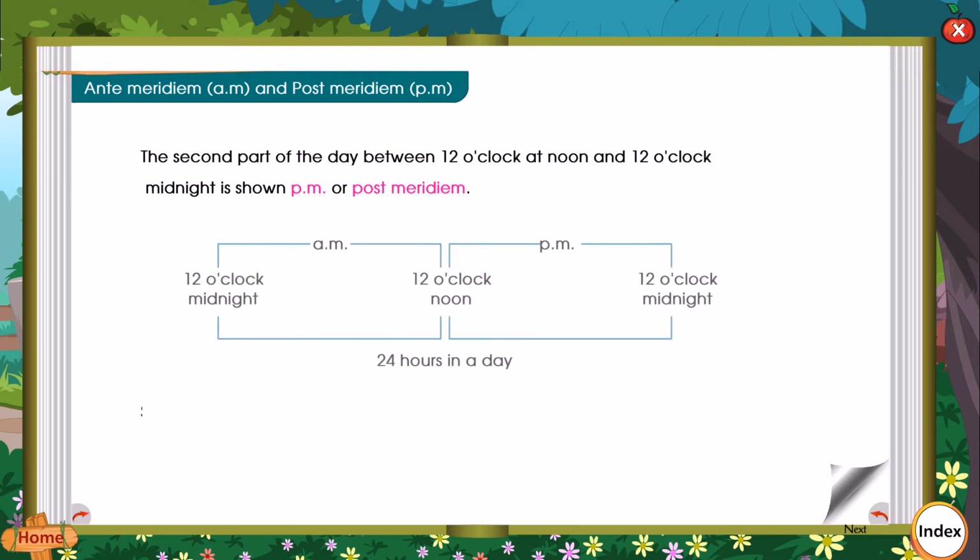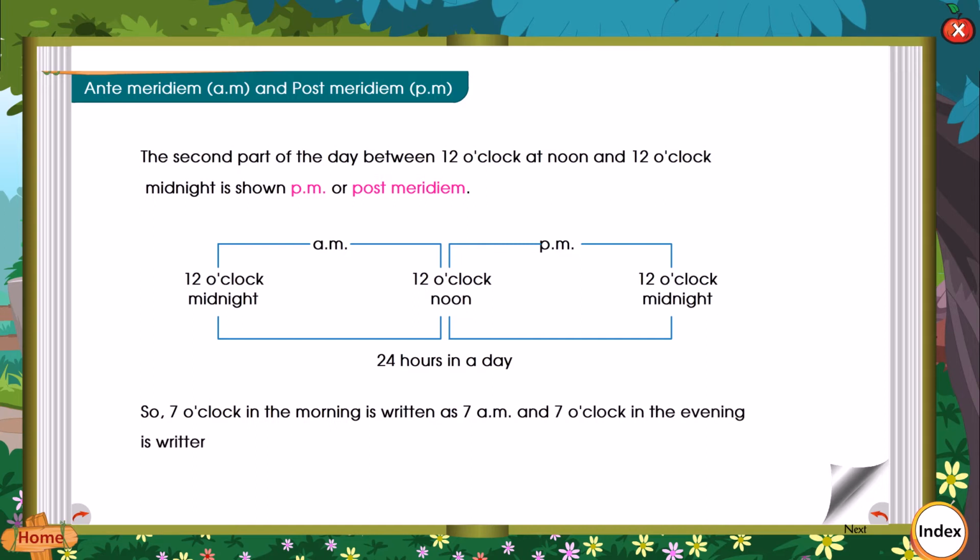So, 7 o'clock in the morning is written as 7 AM and 7 o'clock in the evening is written as 7 PM. For writing 12 o'clock, we do not use AM or PM. We write 12 noon or 12 midnight.